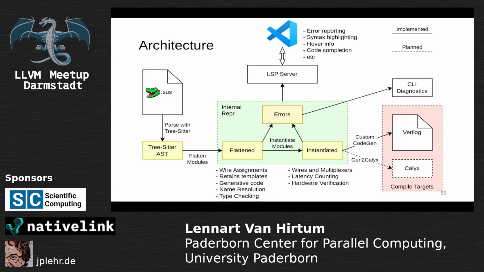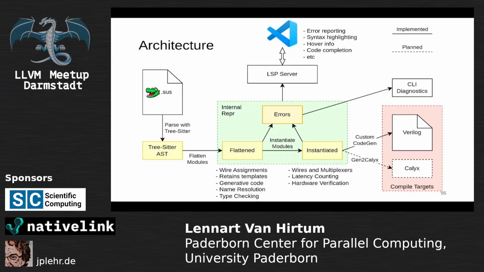Now, once we actually instantiate some top module, we give it some default parameters, or I mean any module that doesn't have any parameters, we can instantiate immediately. And so this top module, along with all of its dependencies, then gets instantiated.